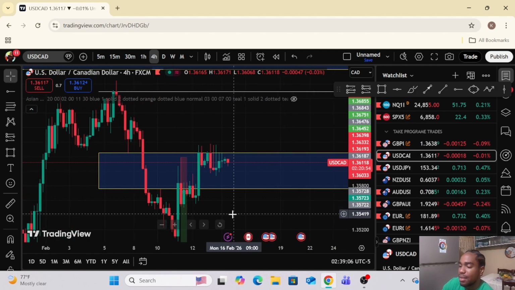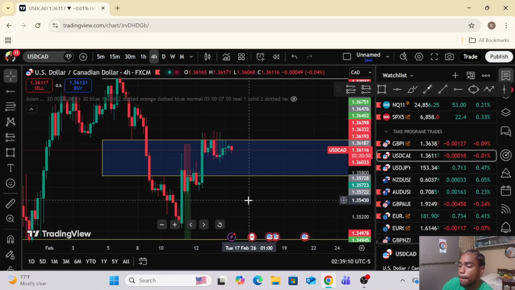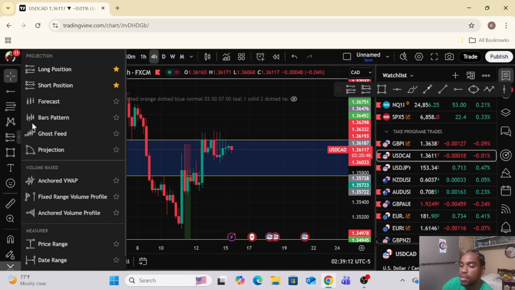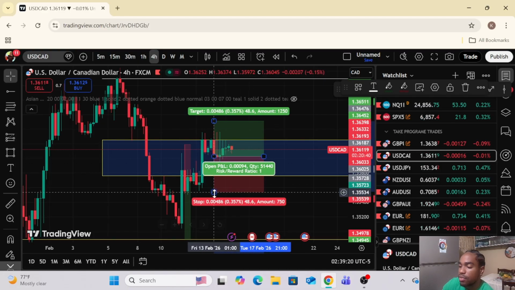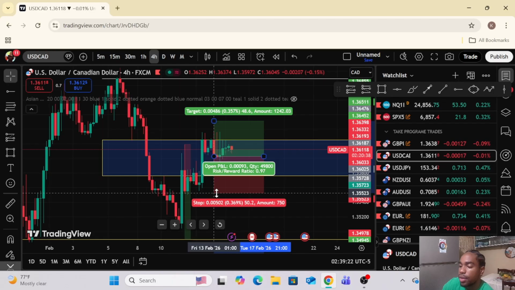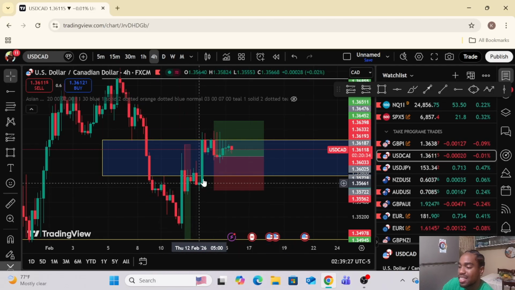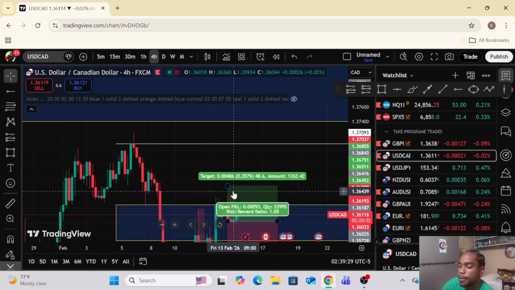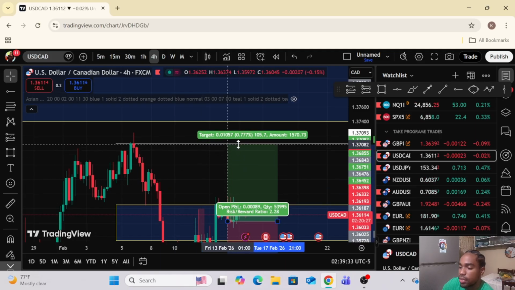On the 4-hour time frame, we could see multiple expansion to the upside. This would be my approach. Okay, price tapping into that 4-hour fair value gap. What would I do? I would cover up my low, or the low of this expansion to the upside, and then I would target this drawn liquidity right here.